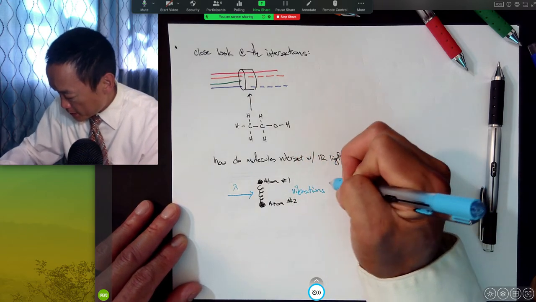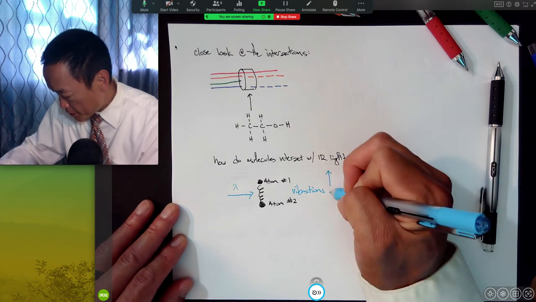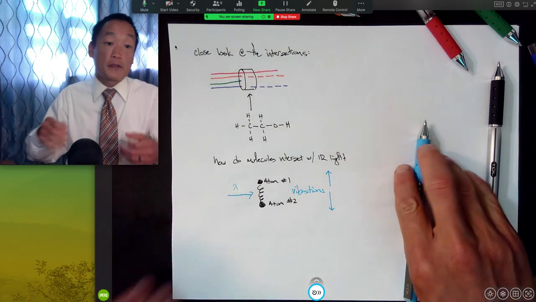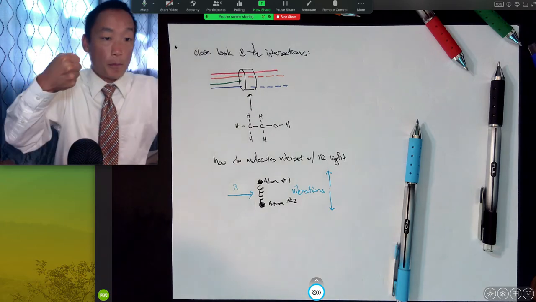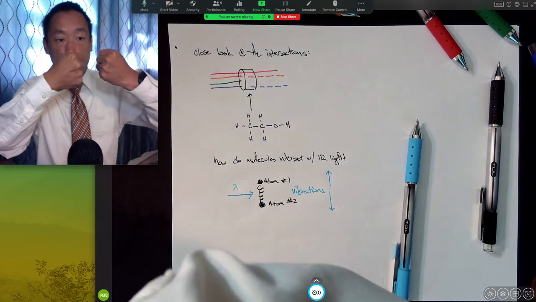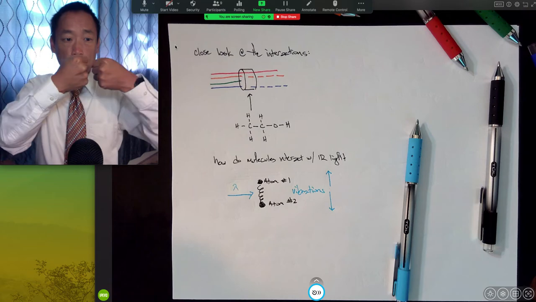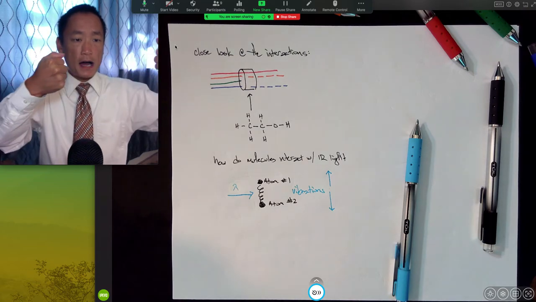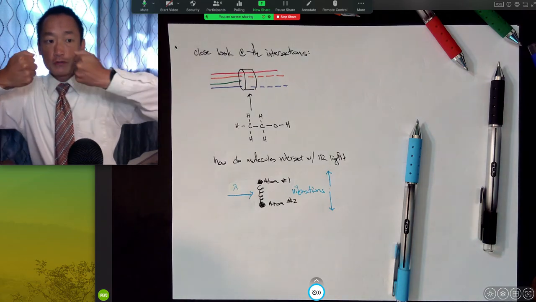And that means that this atom up here will move away from the other atom. And just a simple bond, this type of bond stretching is what's observed here.